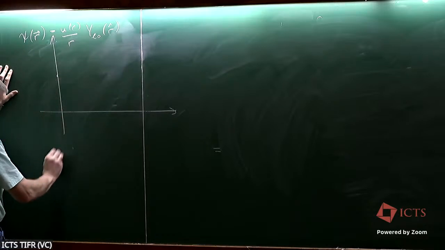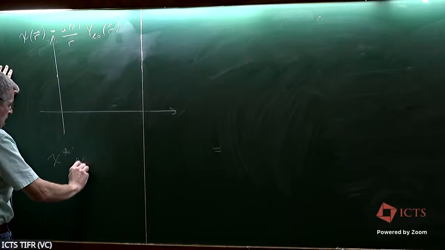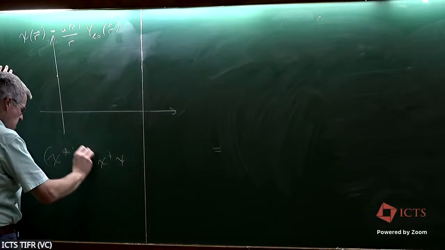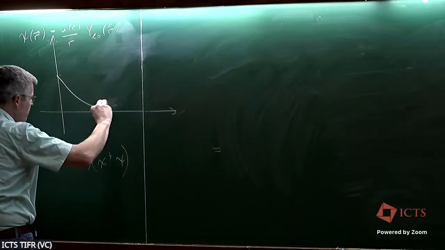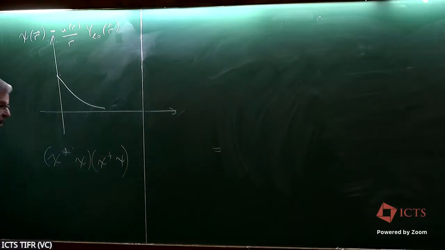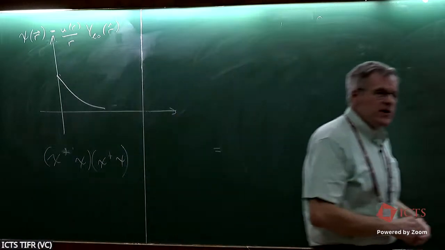So what does this thing go to as R goes to 0 if it's an S wave? Some non-zero number, right? So that's why we've been able to write down things like this and not get 0, right? The bound state might do something like this. Okay, what about for P waves?